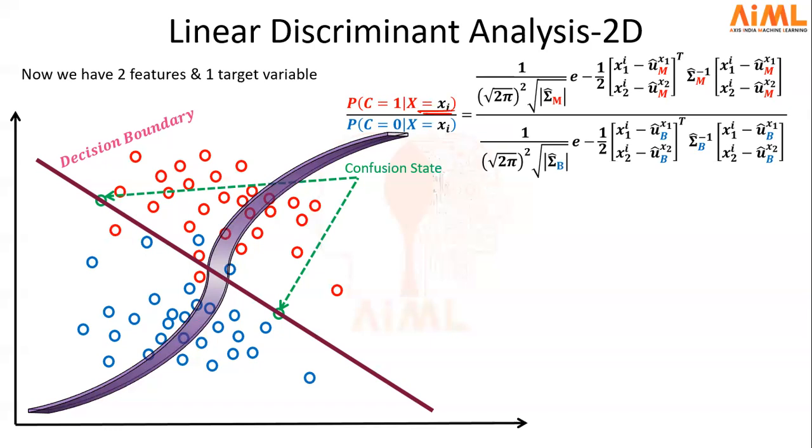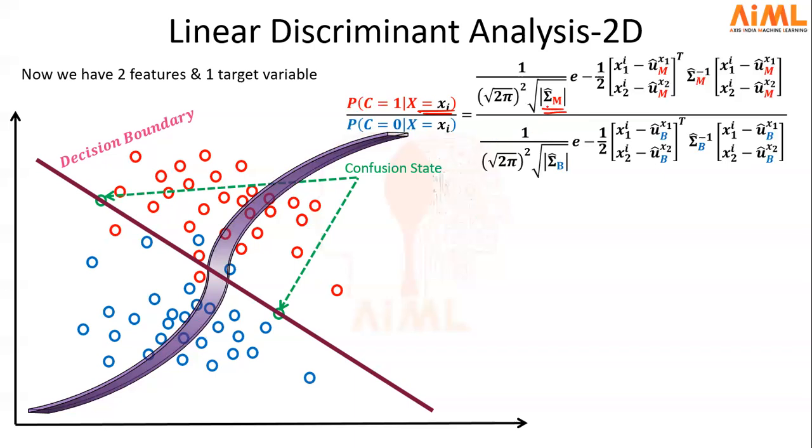Now, guys, there are some differences when it comes to the parameters of a one-dimensional Gaussian distribution and a two or more than two-dimensional Gaussian distribution. The difference is that in a one-dimensional Gaussian distribution, we have variance. But in a two-dimensional Gaussian distribution or more, we have a covariance matrix.